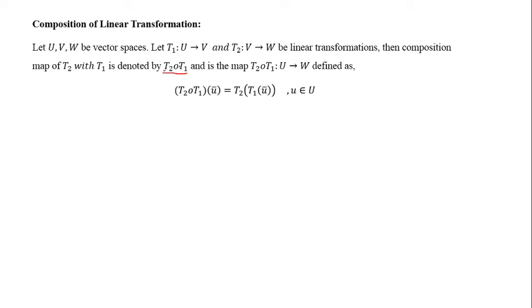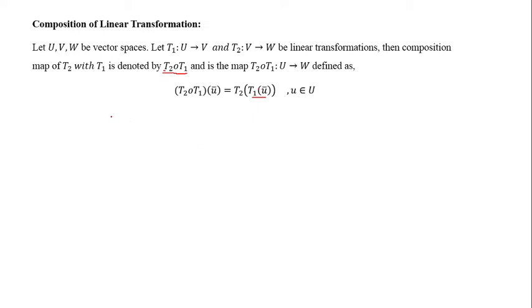So you have to read this as T2 composite T1, and the map T2 composite T1 from vector space U to W is defined as T2 composite T1 operating on u bar is T2 outside, first operate T1 on u bar.